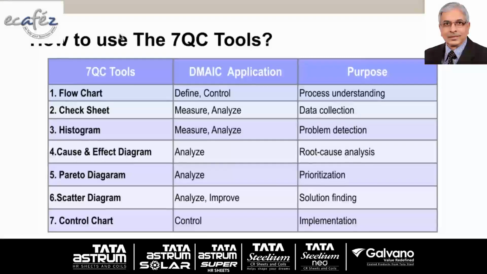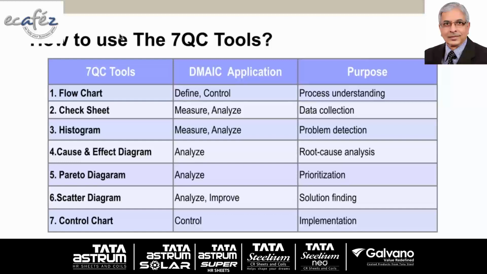So how to use these 7 QC tools in different phases? As you have seen, the flowchart is for process understanding. It is used in the define and control phase. The check sheet can be used in the measure and analyze phase, the purpose being collection of data. The histogram is used in the measure and analyze phase for problem detection.